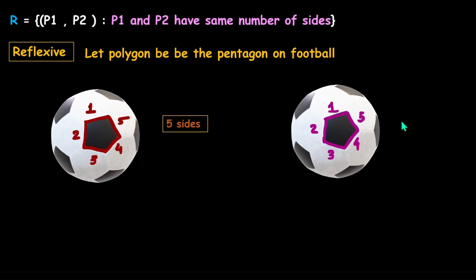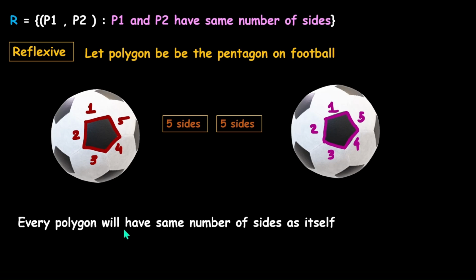It has 5 sides, that's why I'm calling it a pentagon. So it clearly means that these two figures have the same number of sides, and because they have the same number of sides, a football, at least the figure on this football, would be related to itself. This polygon would be related to itself. And it's clear that every polygon will have the same number of sides as itself.